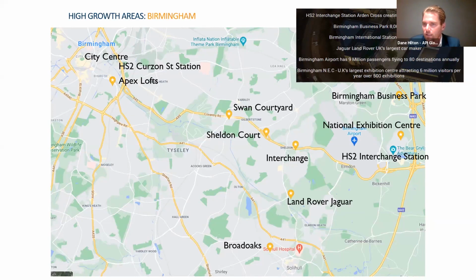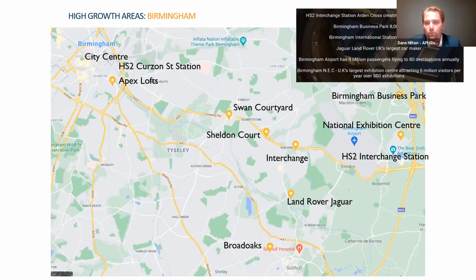You've got the NEC National Exhibition Centre that has about 500 exhibitions a year, attracts about 6 million visitors per year. You've got Birmingham Business Park, employs around 8,000 employees. You've got Land Rover Jaguar, which is a major employer within the region. And now you've got HS2 Interchange Station and all the development that's happening in and around that.